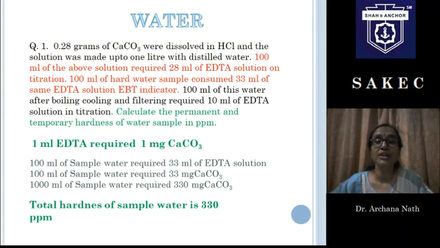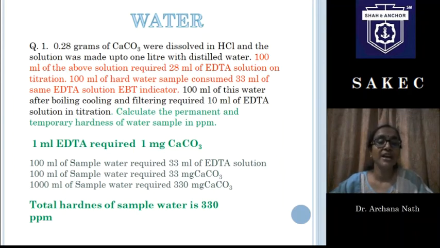What is important in this step is that 100 ml of hard water sample consumes 33 ml of the same EDTA solution with Eriochrome Black T indicator, right? So what will we write? From the earlier step, we know that 1 ml of EDTA requires 1 milligram of calcium carbonate.